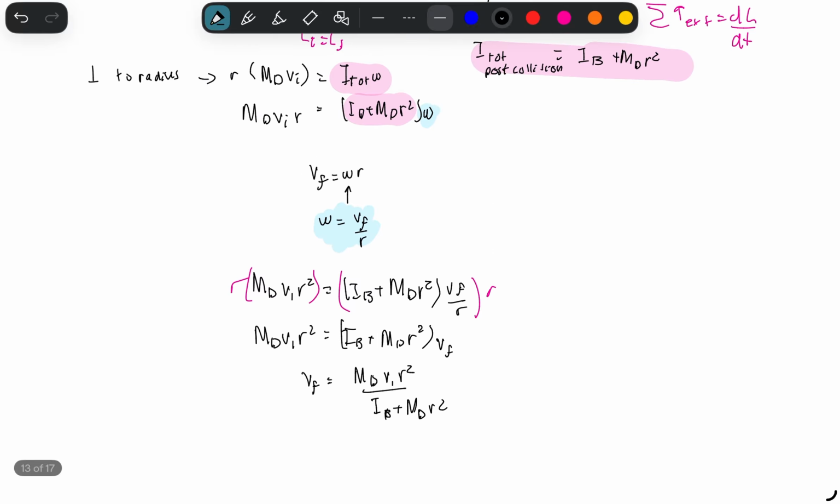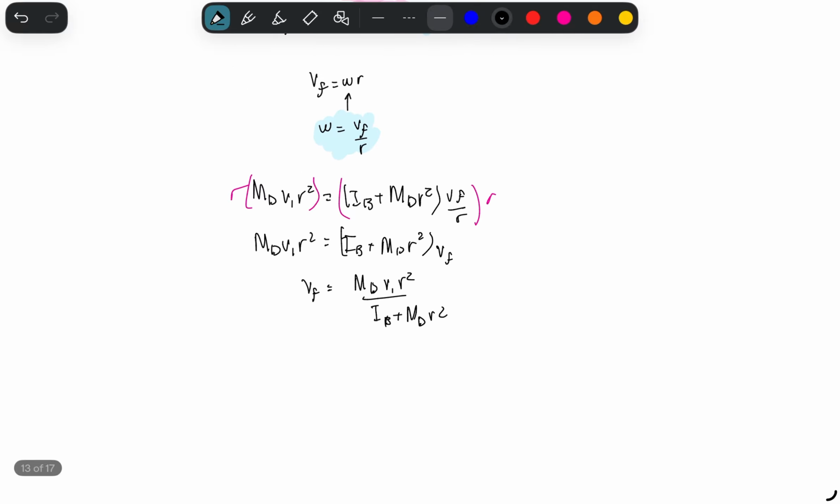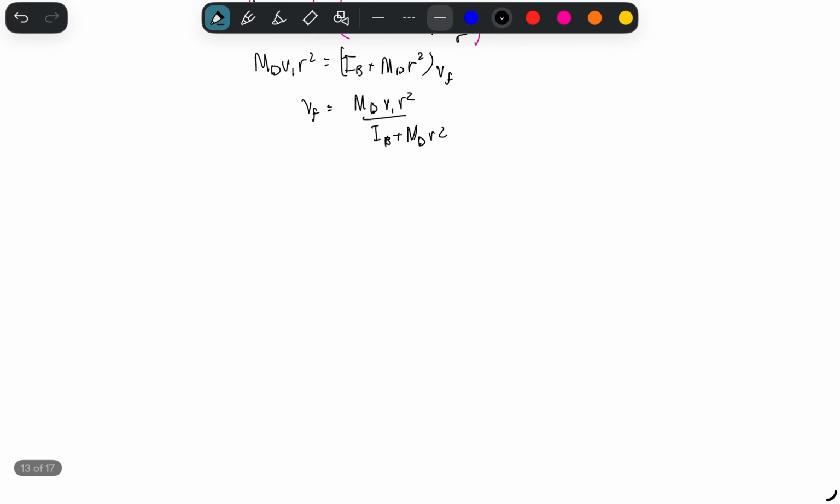So the dart's initial angular momentum becomes the rotational angular momentum of the combined dart-bar system.